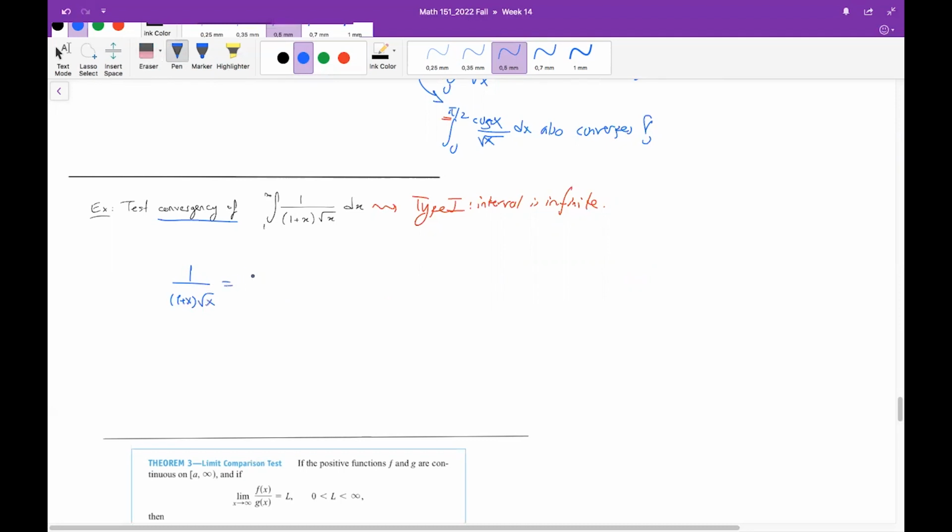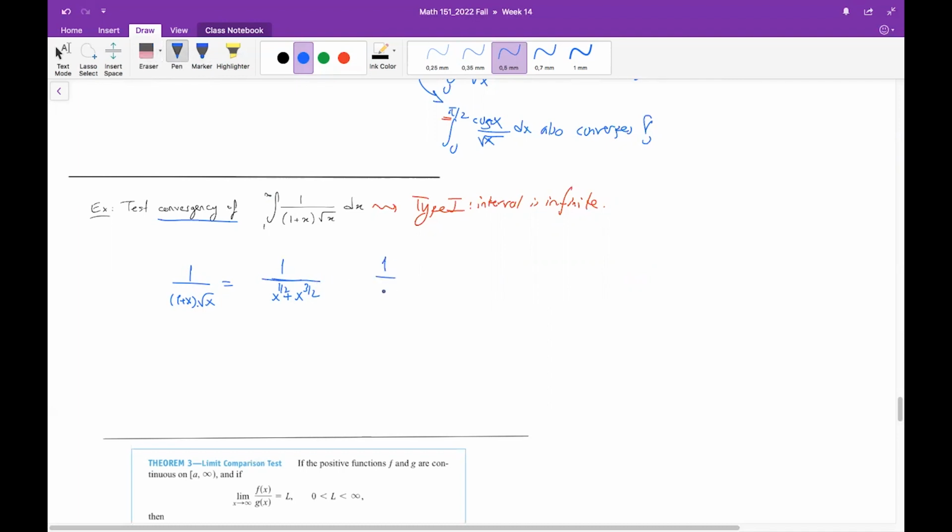If you do this product, you obtain square root of x plus x to the power 3 over 2. Let's write this square root also as a power function, x to the power 1 over 2. Okay, we have this type of function.